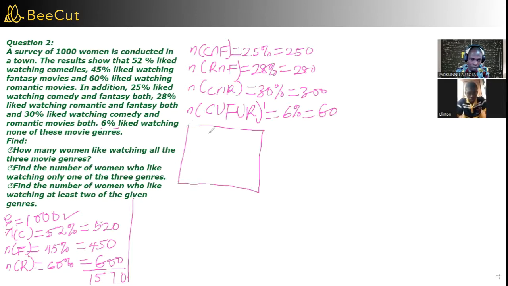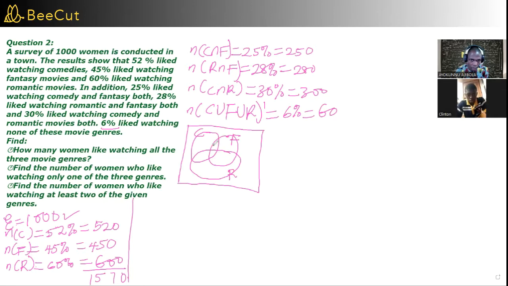It's going to contain three circles to represent the three of them. The first is comedy, the next is fantasy, and the other one is romantic.